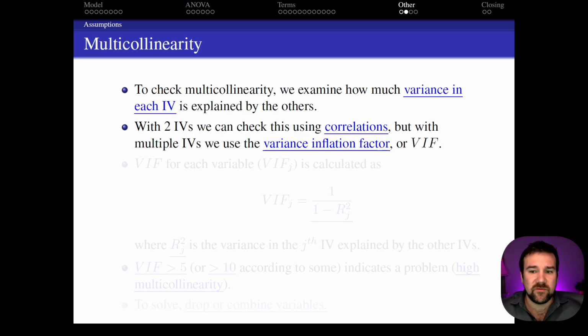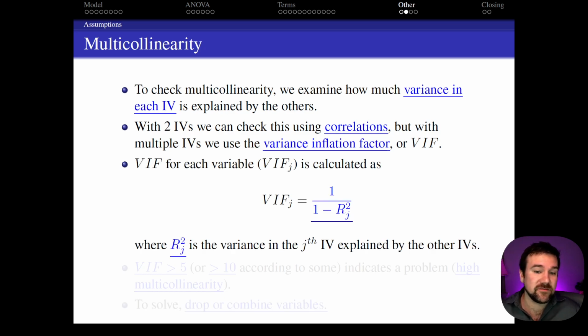With multiple independent variables, I do that regression approach, and I summarize that in a statistic called the variance inflation factor, or VIF. There's another one called tolerance, which is just 1 divided by the variance inflation factor, and it has an inverse interpretation. We won't talk about it. We'll just talk about the VIF.